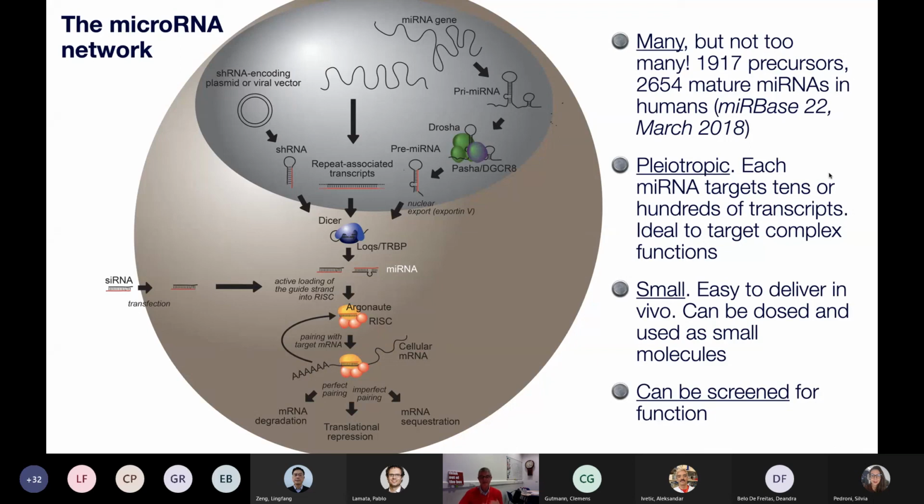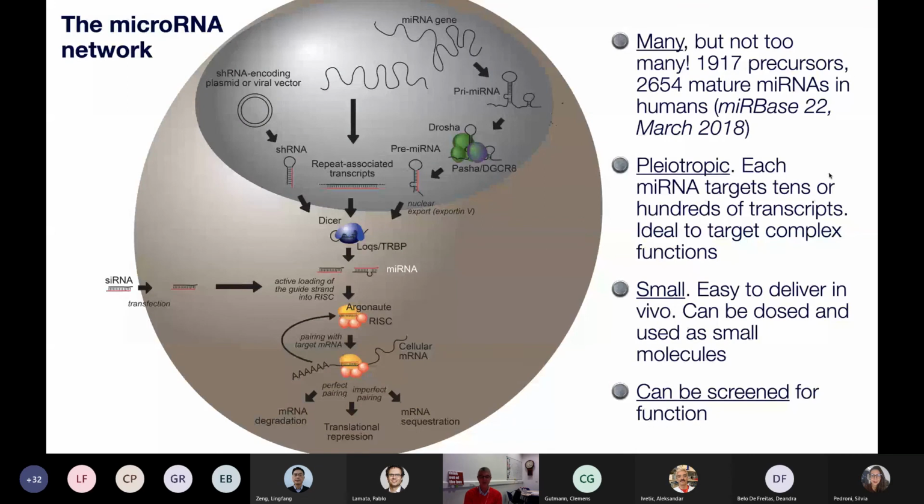So they have been evolved by nature to do complex tasks as those that we are speaking of. So it's not a matter of activating a kinase, but it is a matter of changing completely cell behavior.